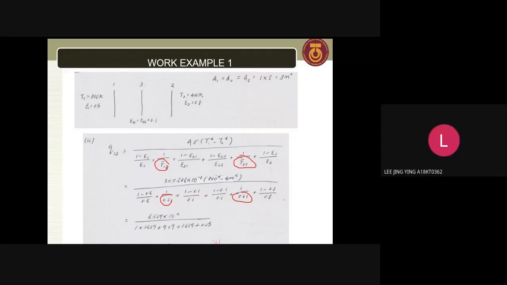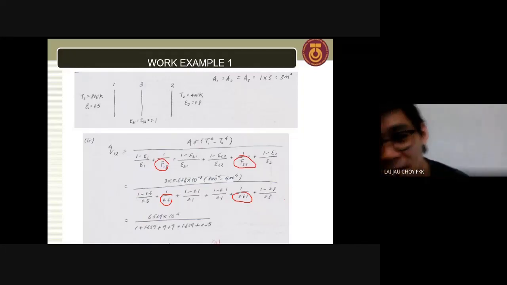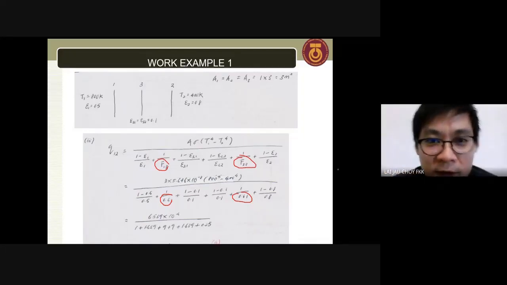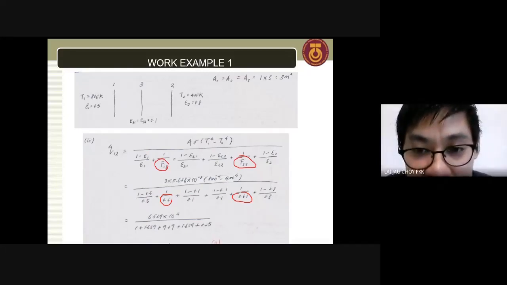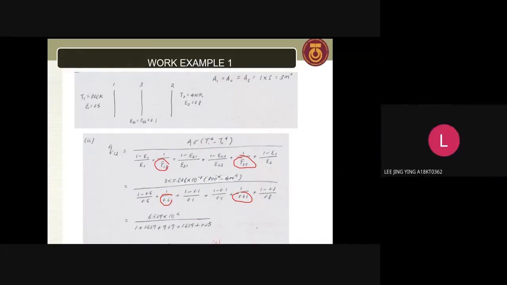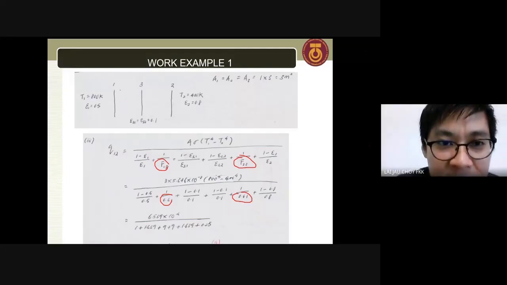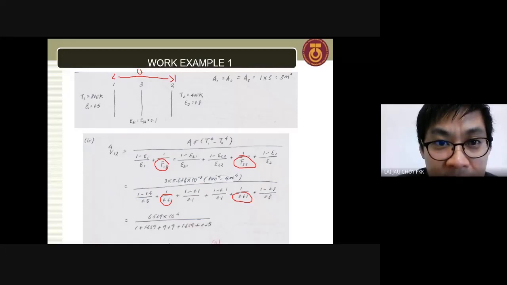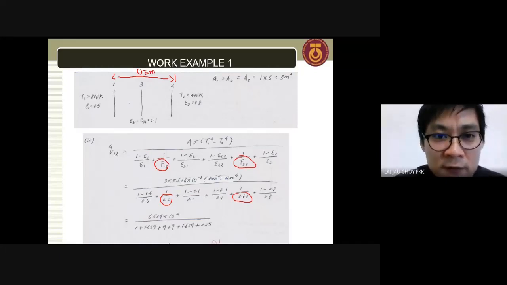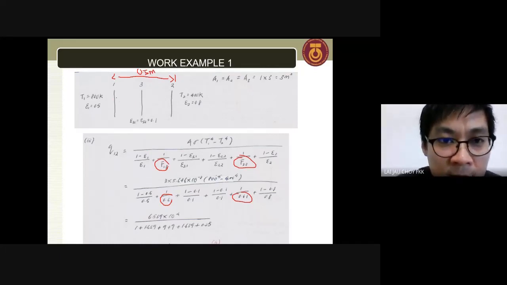So you assume the distance initially given between 1 and 3 is 0.5 meter. I think I got your point. It's correct. Thank you for correcting us.